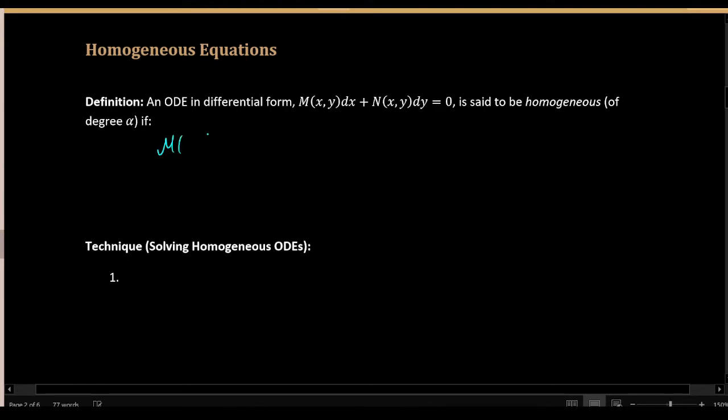If you go into the function called M and scale both x and y by some quantity, maybe call it t, then the result is going to be t to the alpha times the original function whose inputs were not scaled.